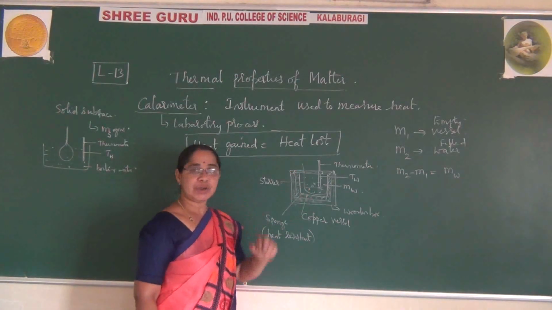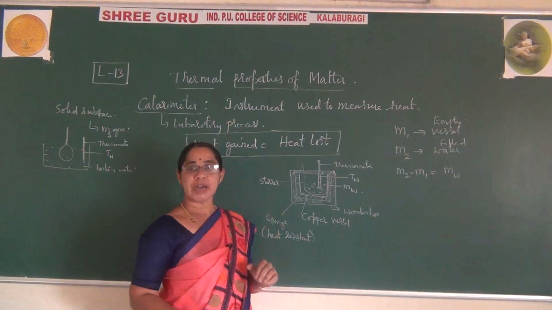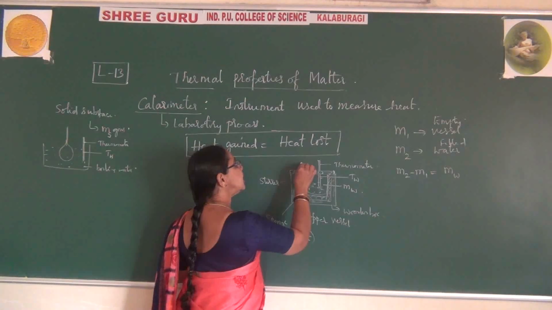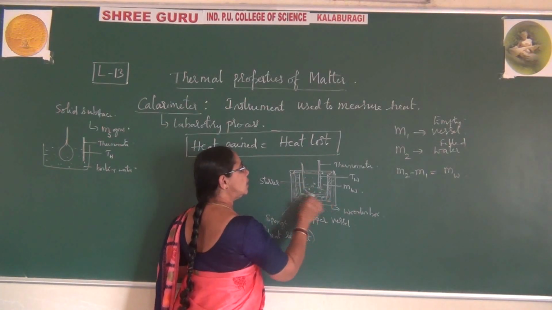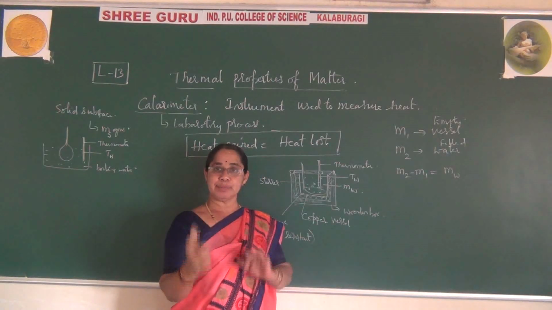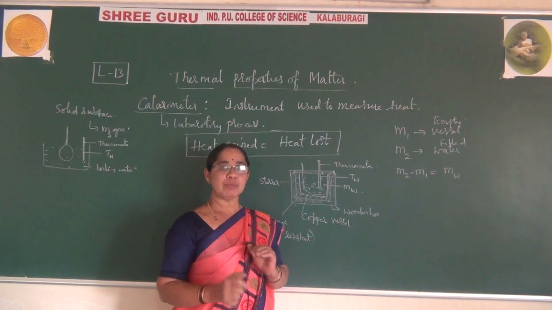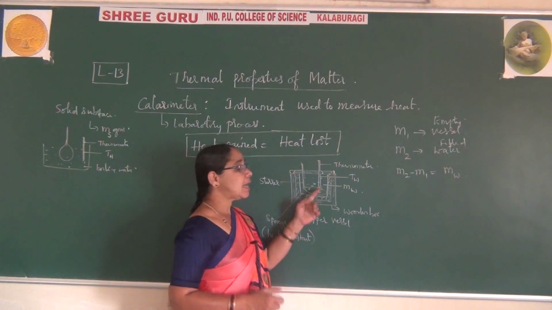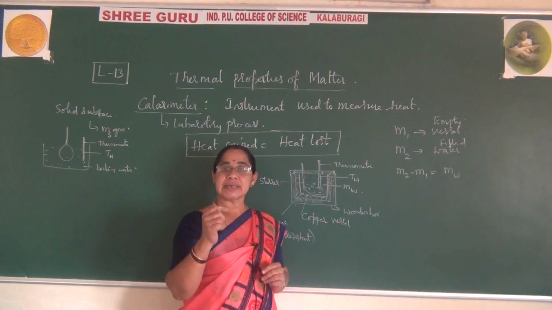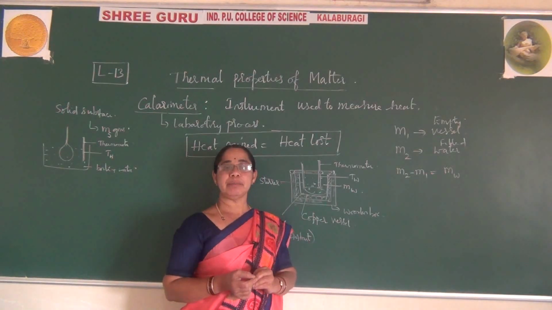Now this solid substance is in the water. Again I stir this using the stirrer. When I stir, the water percolates and distributes heat to the solid substance, and after some time the thermometer starts rising, because earlier only water was there and now a hot substance has been put into it.